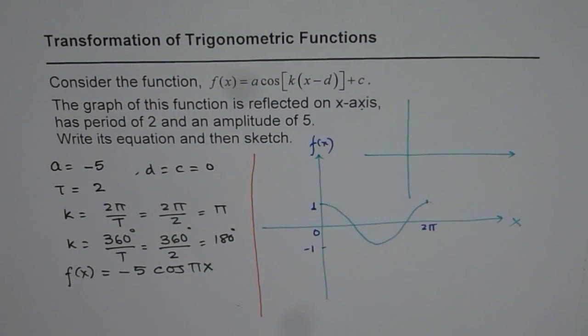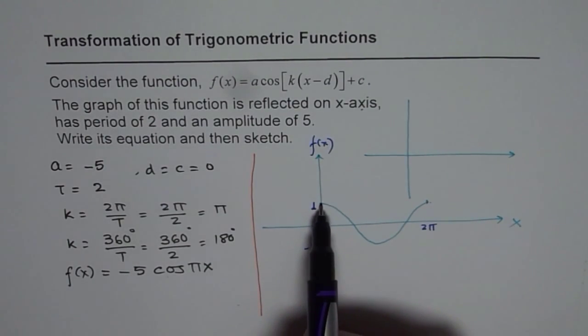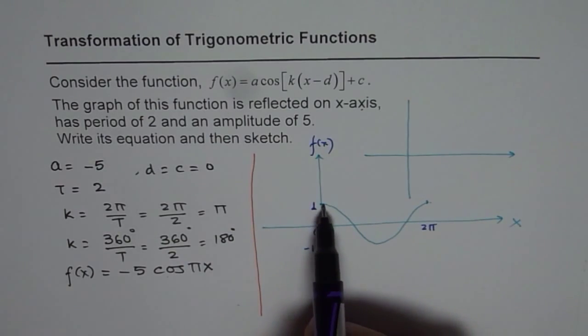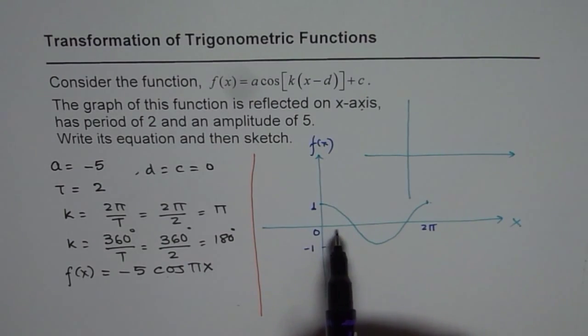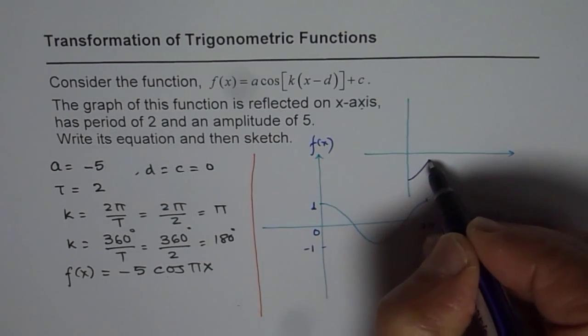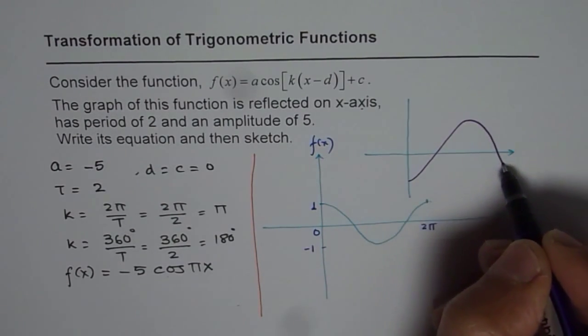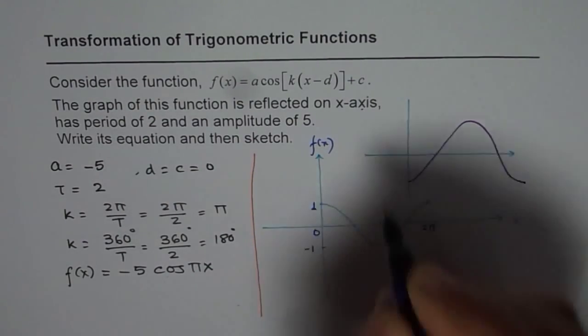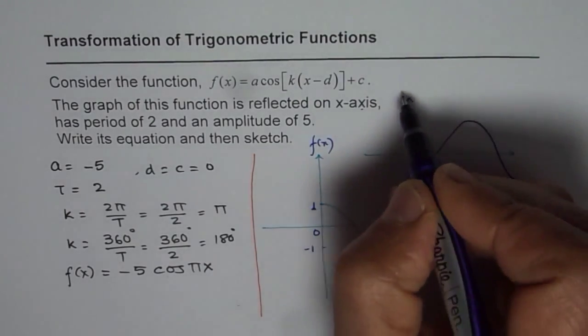Since there is a reflection, we will not have maximum, we will have minimum to start with. Perfect. So it will be flipped on the x-axis. So our graph will look like something like this.